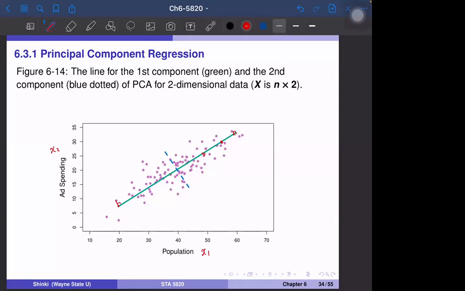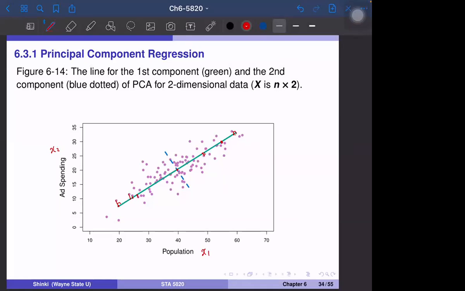The principal component is chosen as the first component so that the variance of this component is the largest among all directions. You can see that if these points are projected onto this green line, the variability is large.